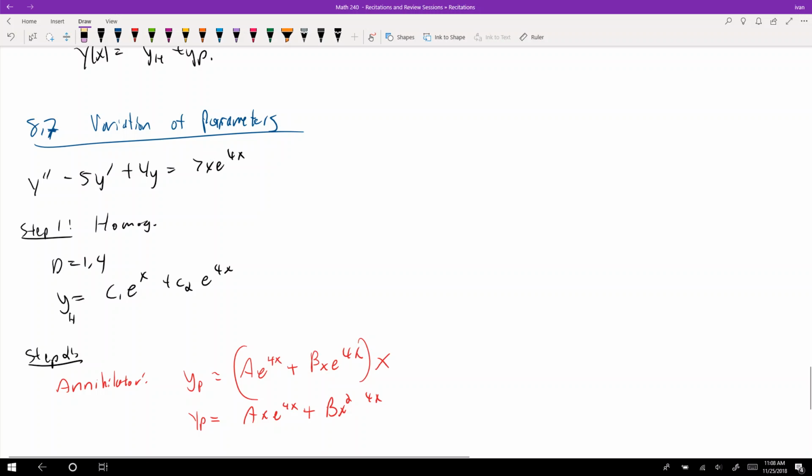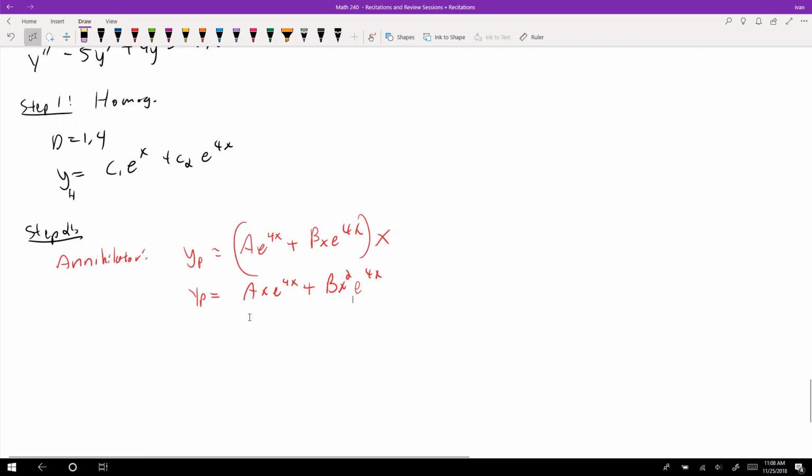And then you had to work this one out using product rule. What variation of parameters is, is we guess the following. We guess that yp of x is equal to u1 y1 plus u2 y2.